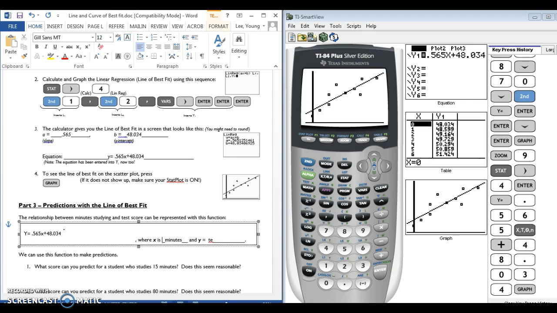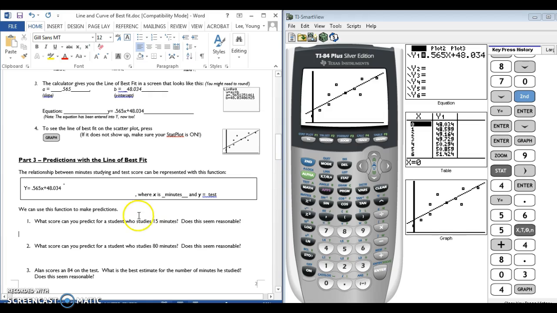Okay, so let's write that down. Okay, now once you get that, it says, let's make a prediction. What score can you predict for a student who studied 15 minutes? That studied 15 minutes. What information is that? Is that the x value or y value?